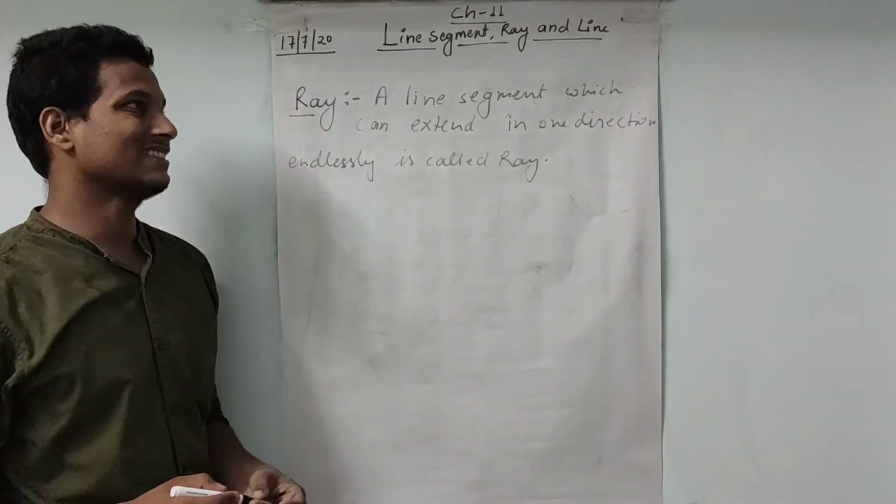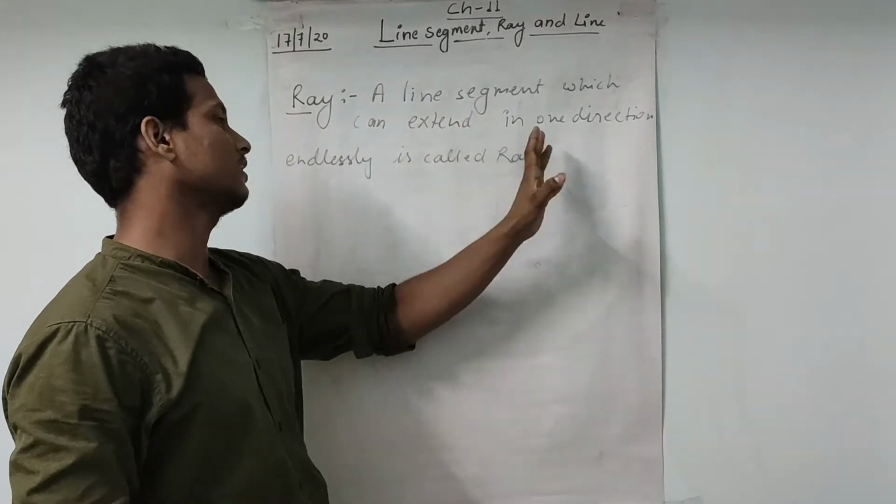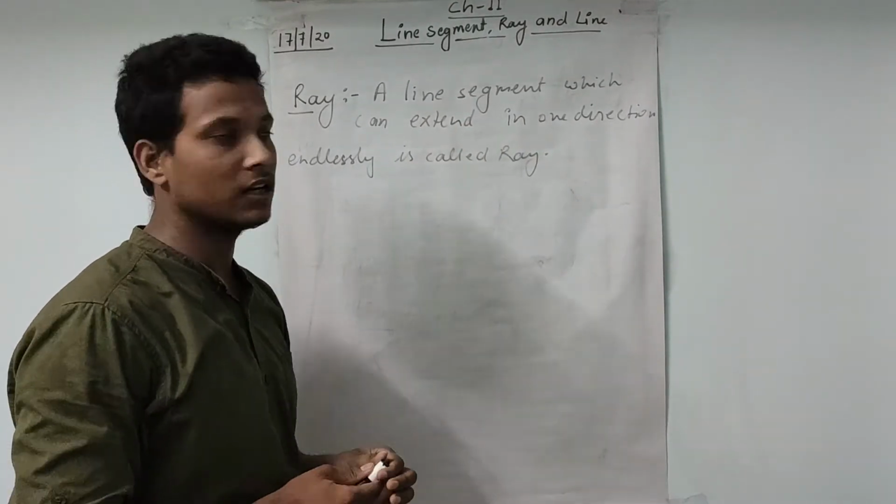That is, a line segment which can extend in one direction endlessly is called a ray.